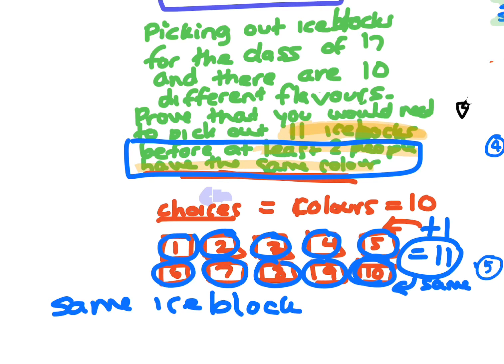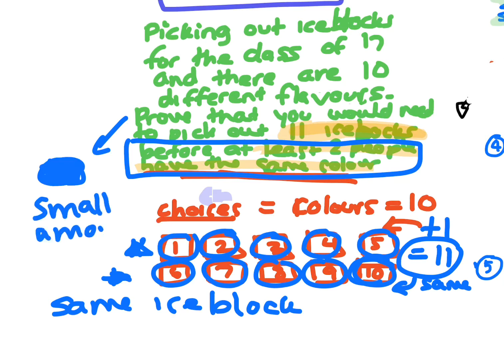To get at least 2, the smallest amount that you would have to pick for 2 people to have the same colour would have to be 11.